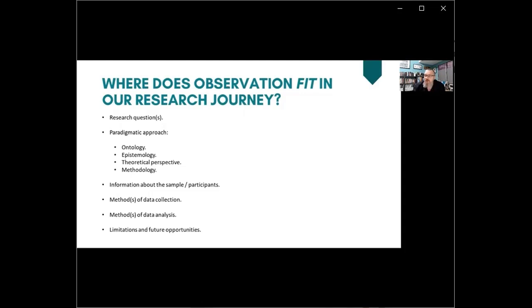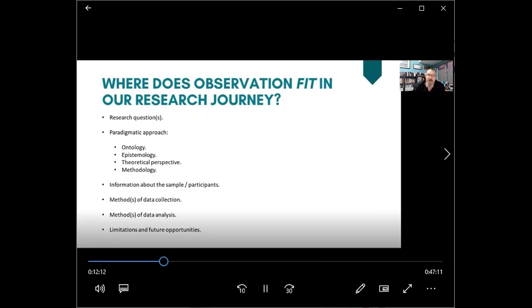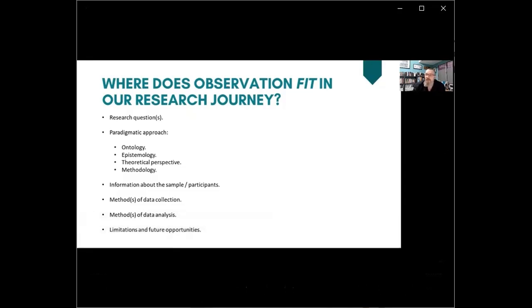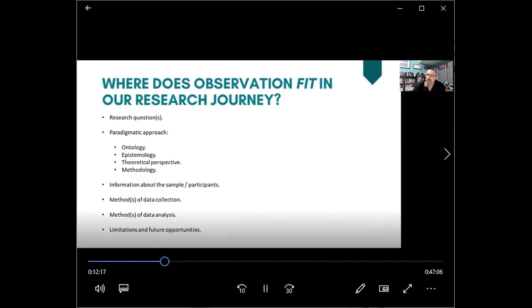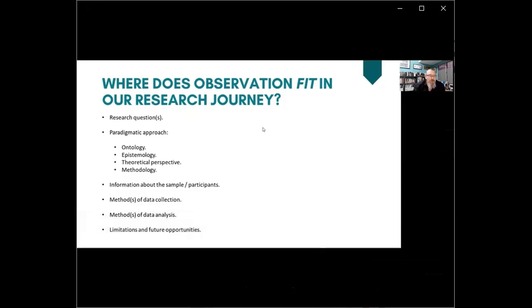The methods we use of data collection, the methods we use of data analysis, and finally, the limitations and future opportunities from our research, because observational research, although helpful, can provide a certain set of limitations for us to investigate, and also for us to do further research from later on.